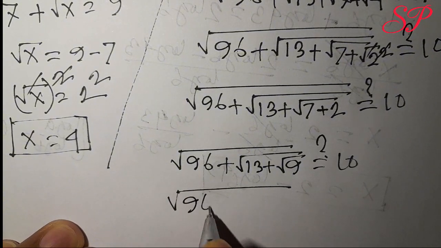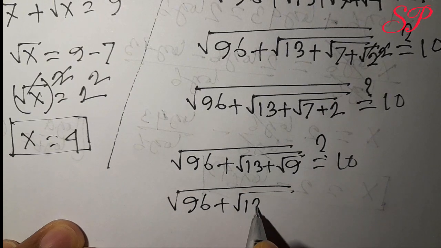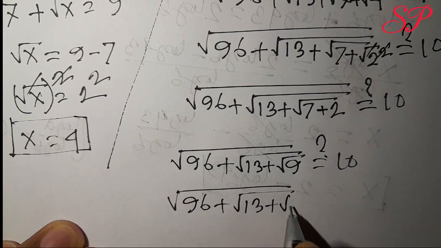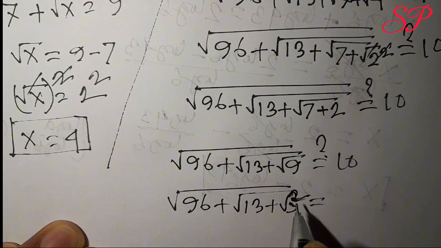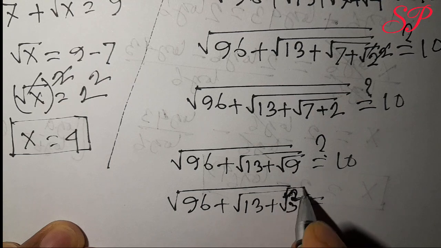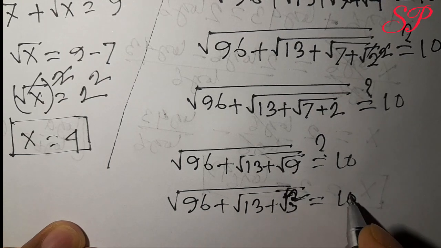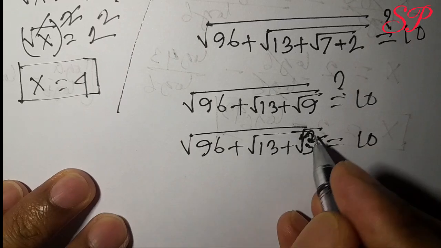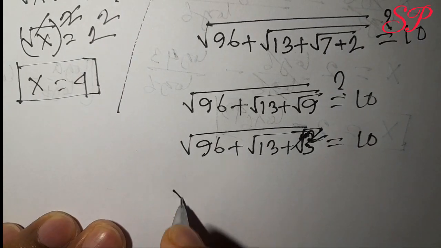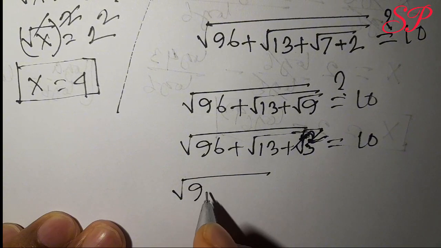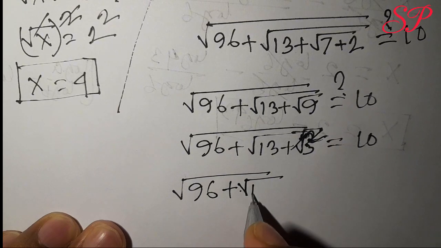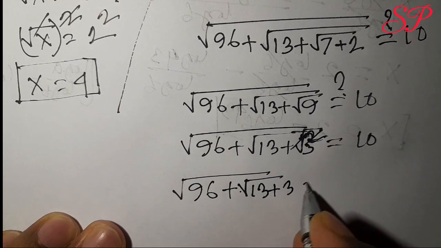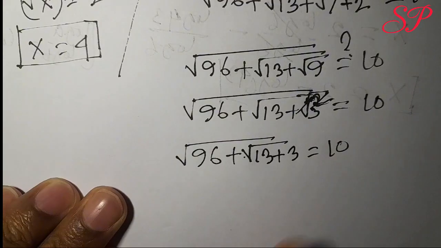Then we can write 96 plus root 13 plus here, root 9 is equal to 3. Here square and root cancel, so we can write 96 plus root 13 plus 3 is equal to 10.